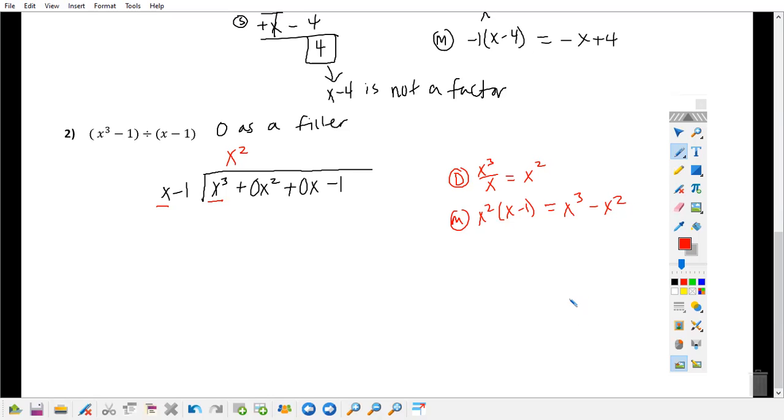After we multiply, so we divide, multiply, subtract. And what does subtract mean that's happening? You're changing the sign. So instead of a positive x cubed, it's going to be a negative x cubed. Instead of a negative x squared, it's going to be a positive x squared. And now we combine. 0 plus 1 is 1. And then last but not least, we bring down.